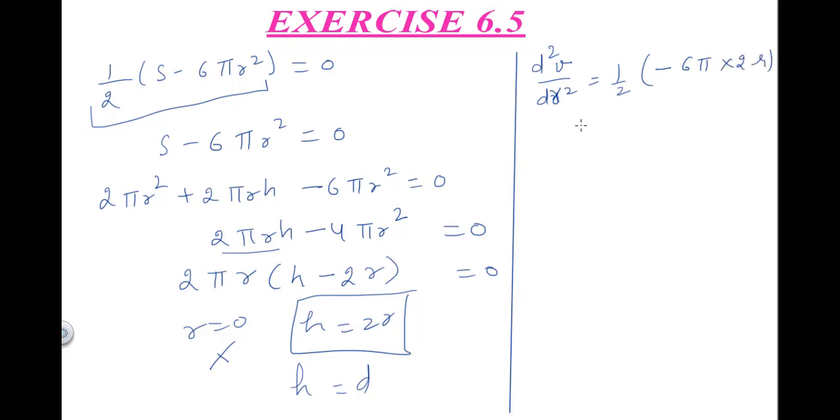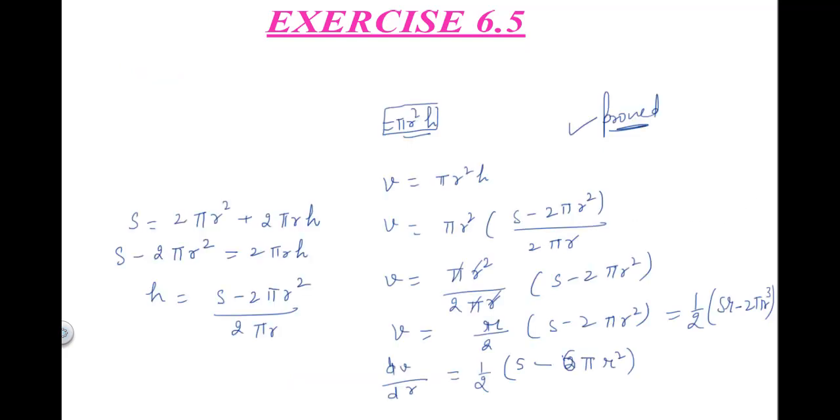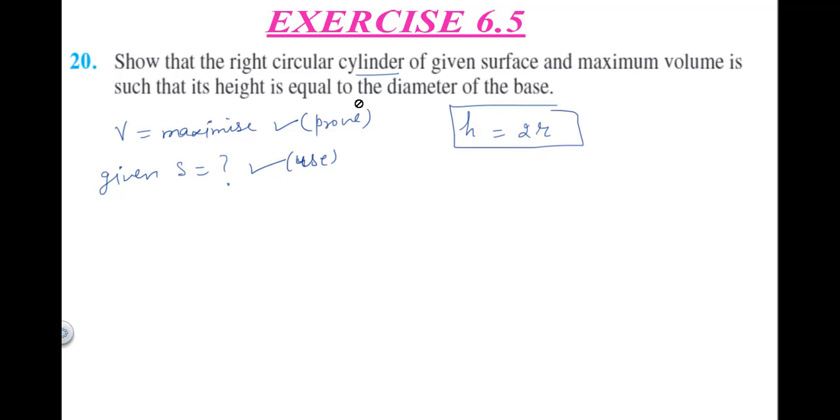So you notice here that if you put r as equal to h by 2, then also it is going to be negative, right? Minus 12 pi r. So it is less than 0. That means volume is maximum at this point, h equals 2r. And as you can see in the question, this is the only thing that was asked: that when height is equal to the diameter of the base, the cylinder has the maximum volume. And we have used the given surface area s here.